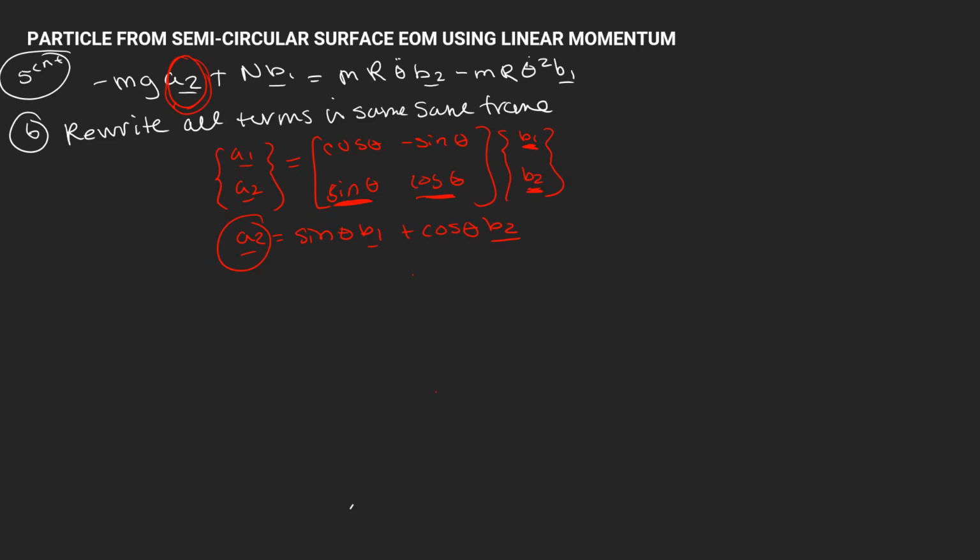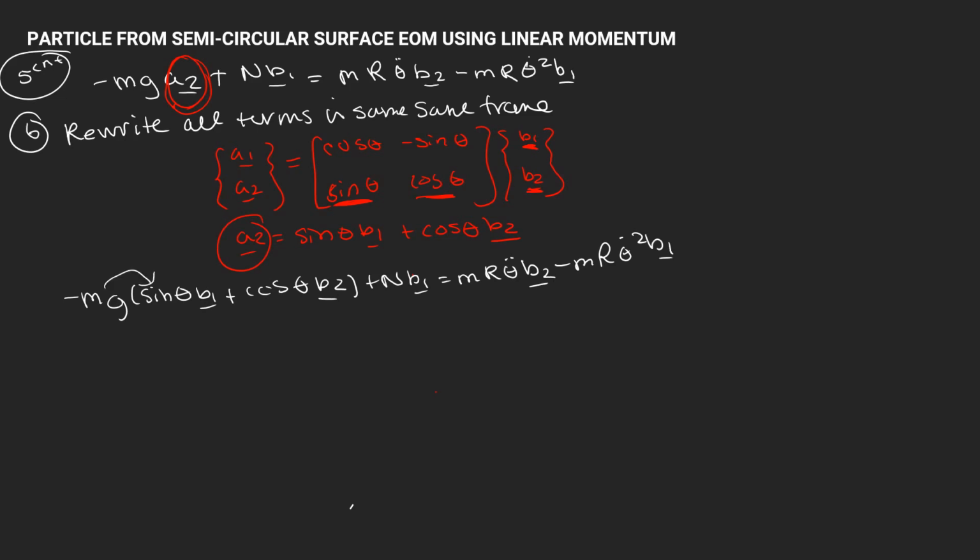So I can now write that as negative mg times sine theta B1 plus cosine theta B2, plus NB1 equals m R theta double dot B2 minus m R theta dot squared B1.